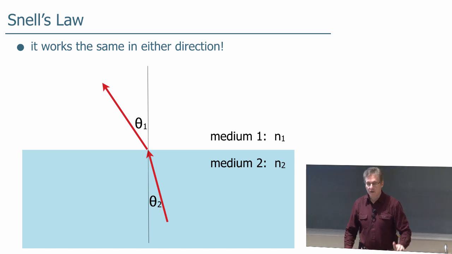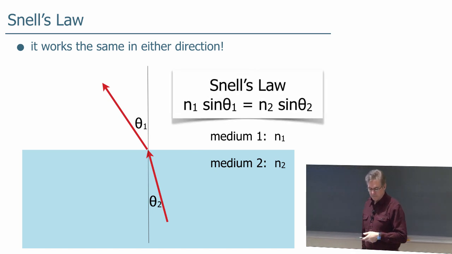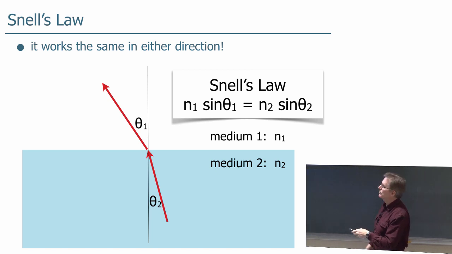So it doesn't matter if the light is going into the medium or coming out of the medium. The path of the light is the same and follows the same law, Snell's law. Okay? So all I did to change this graphic is put the arrowheads on the other end of the red lines, because it works either way.